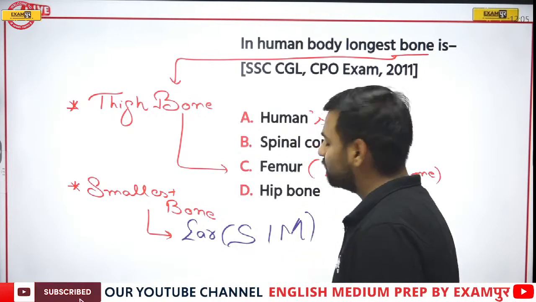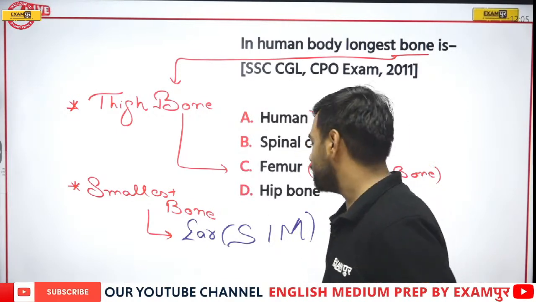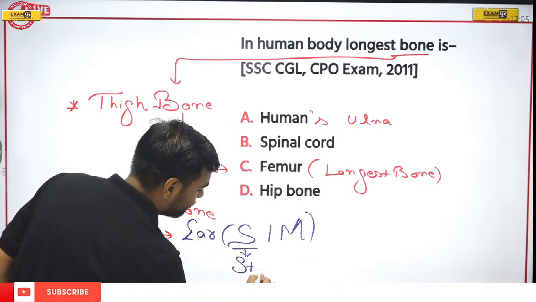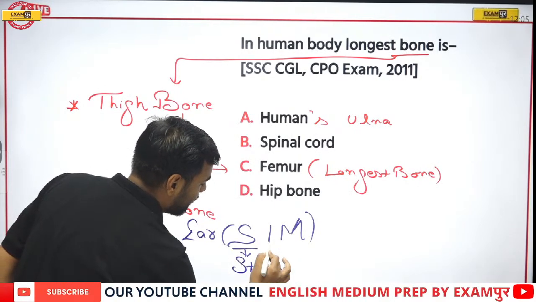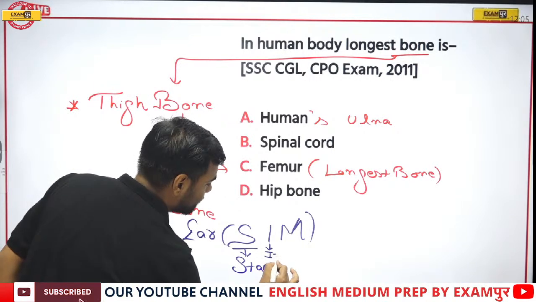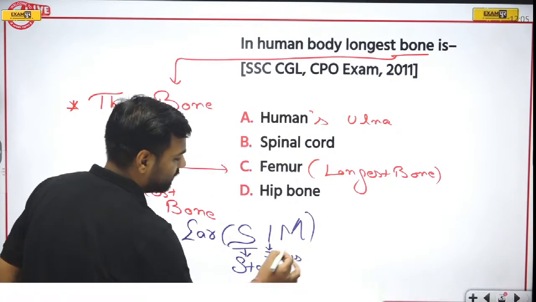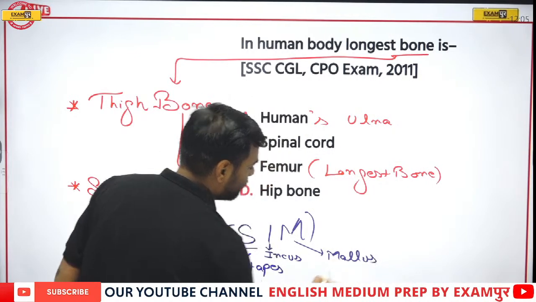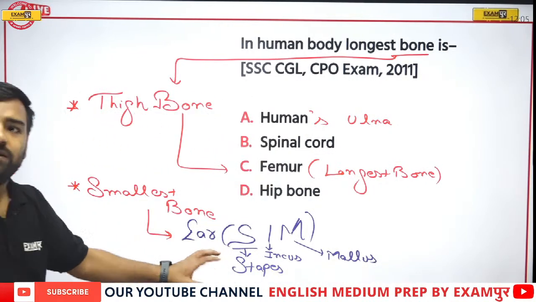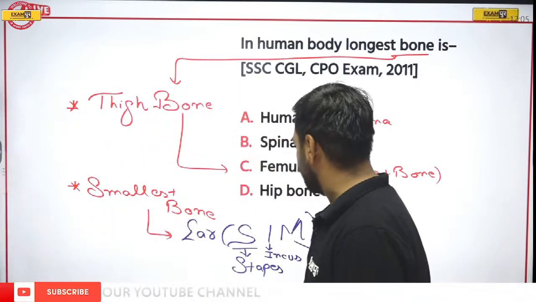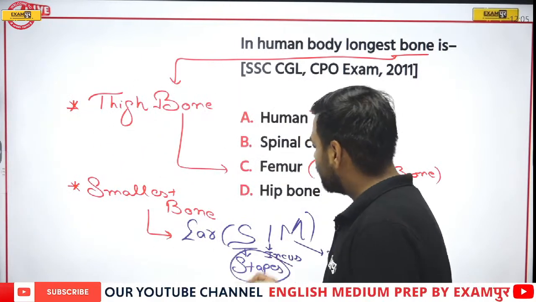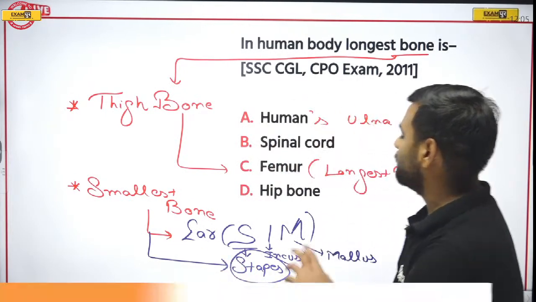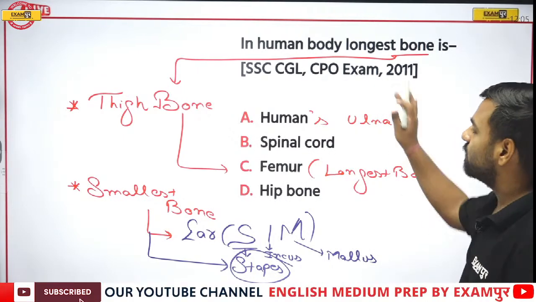SIM actually is the initials of different bones, where S stands for stapes, I stands for incus and M stands for malleus. So remember, these are the bones present in the ear, and the smallest one is known as the stapes. So if someone asks you about the smallest bone, it is going to be the stapes, which is present in the ear. Fine. So yes, this was the question.